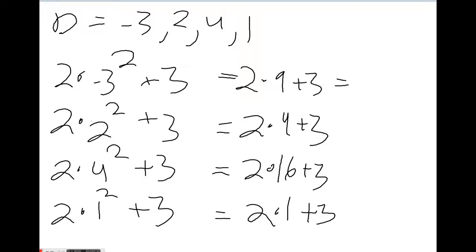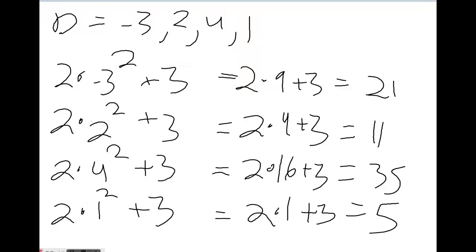Next, 2 times 4 is 8. 8 plus 3 is 11. 2 times 16 is 32. 32 plus 3 is 35. And 2 times 1 is 2, and 2 plus 3 is 5. Okie dokie. We did that.